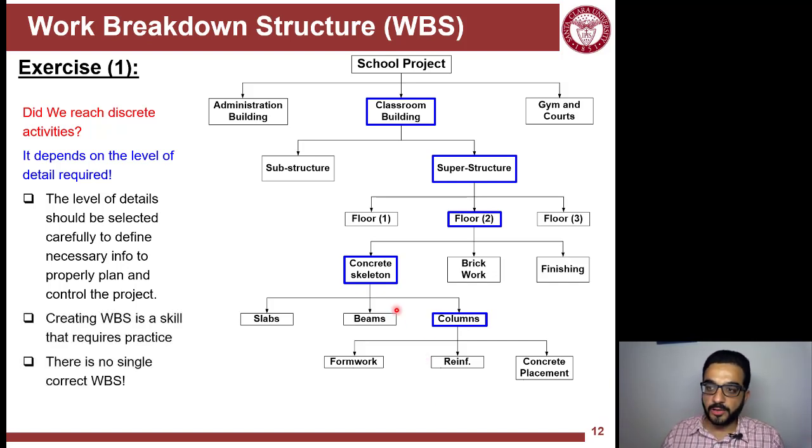So breaking down the scope of the project is a skill, and you will gain it by practice and over time with experience. And one thing also, there is no single correct WBS, meaning that I can come up with a WBS and you come up with another WBS, different look, different feel, but both can be correct as long as we cover all the scope, meaning that all the scope is reflected, but it can be reflected in different ways.